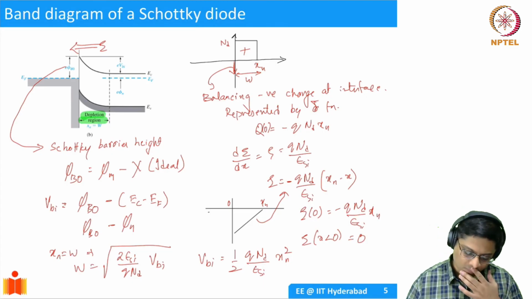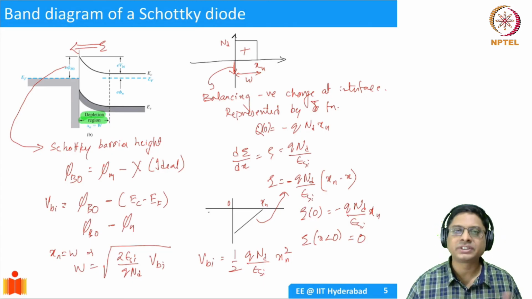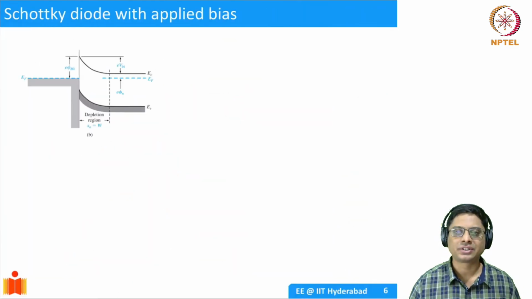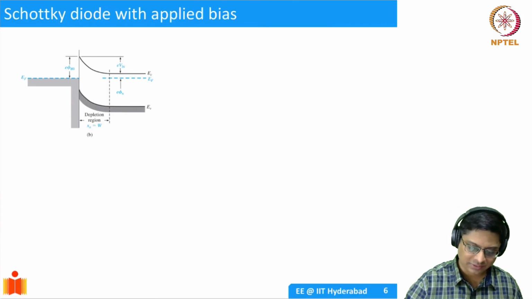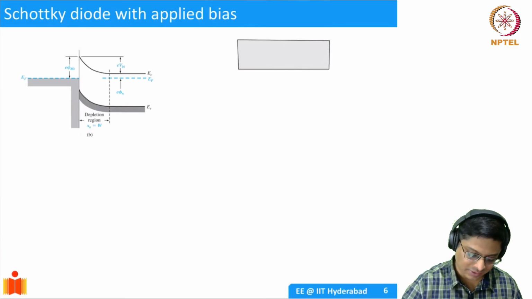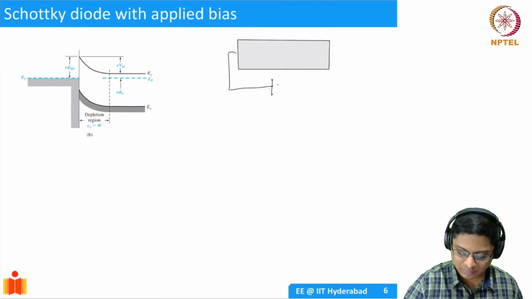Now, this is without any applied voltage. What happens when you apply a certain voltage? Same story as PN junctions. Whenever we apply a positive bias, let's say there's an applied voltage VA.